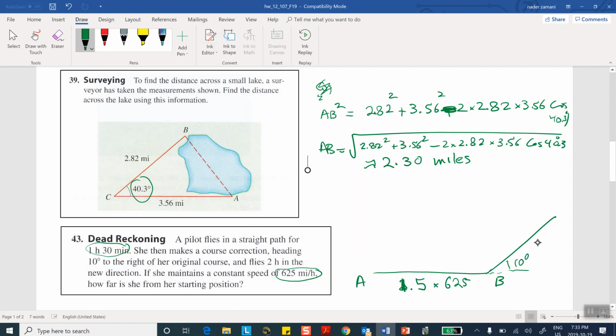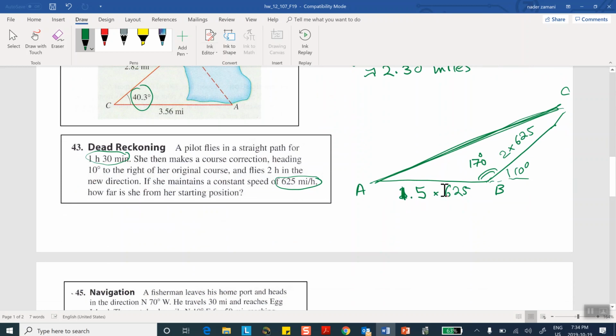And it says it flies 2 hours, so the distance is going to be 2 times 625, in miles, to end up at C. How far has he traveled? It's this distance we want, distance AC. If this angle is 10 degrees, this is going to be 170 degrees. So in order to find AC, we need the law of cosines.